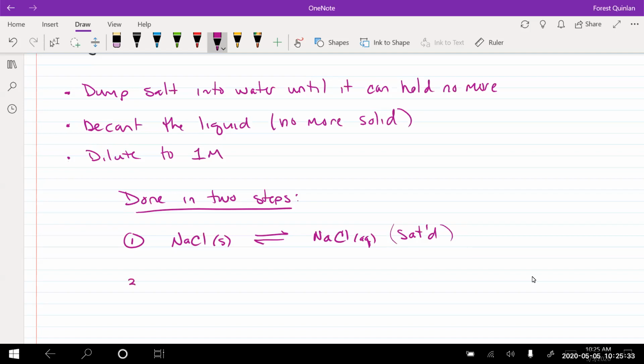And then I'm going to take this NaCl that is saturated, and this is a one-way trip now, I want to take it down to 1 molar NaCl.